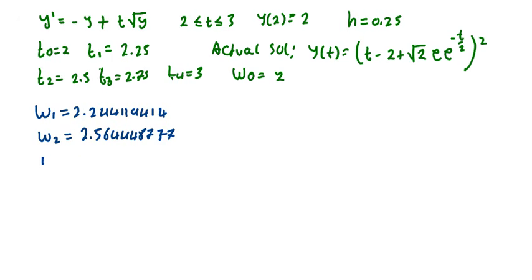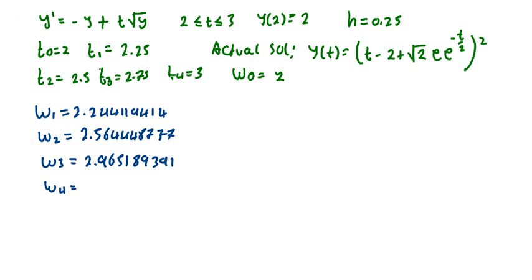So you're going to end up with w2 equal to 2.56444487777. Then your w3 is going to be equal to 2.9651391. Then our w4, for w4, this is when you use t3, which is 2.75.